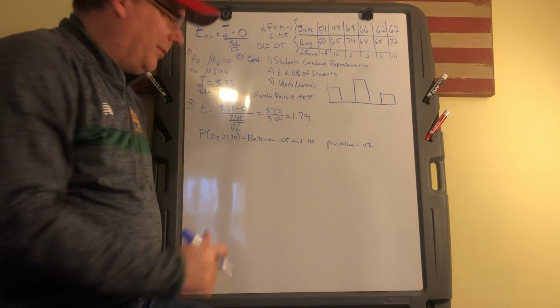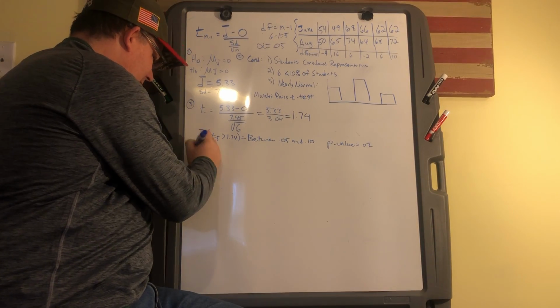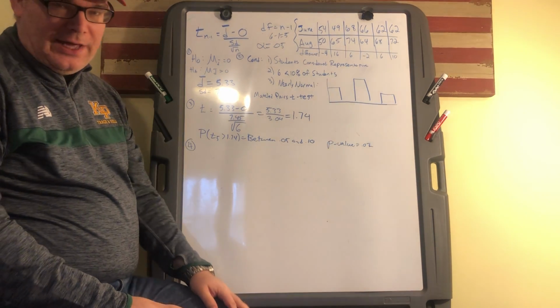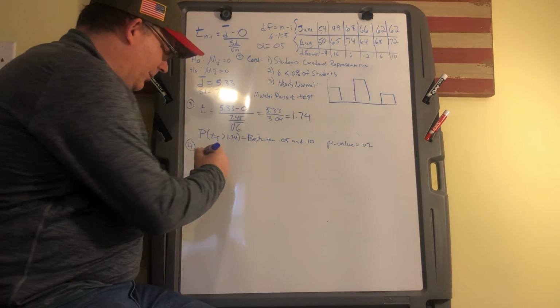All right, so then we're going to make our conclusion. Since our p-value is greater than 0.05, we fail to reject the null hypothesis.